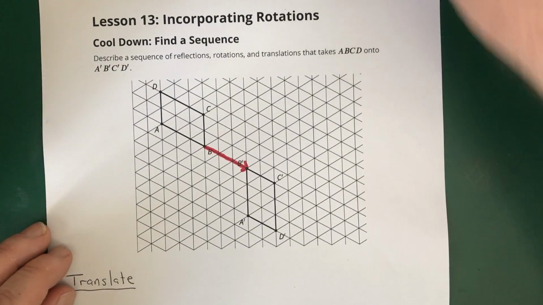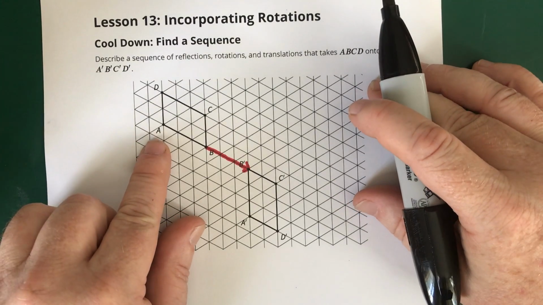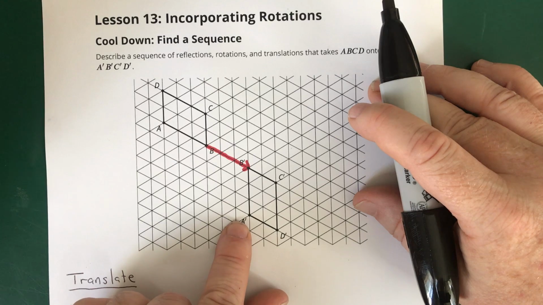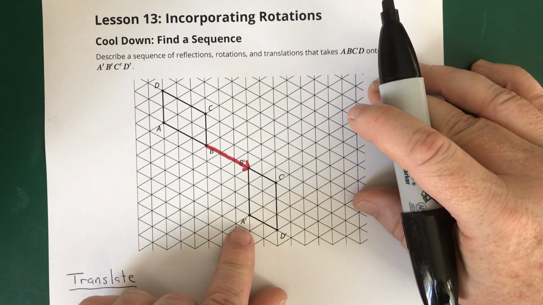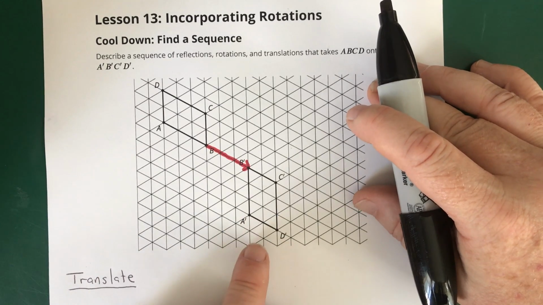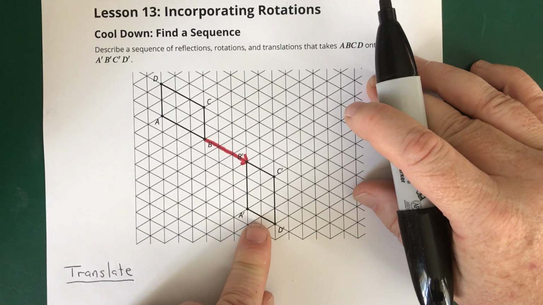You can tell which is the original and which is the image because the original just has letters A, B, C, D, and the image has these little ticks after the letters, which we call a prime. So it has A prime, B prime, C prime, D prime. That's how we differentiate between the original with no primes and the image that has primes.